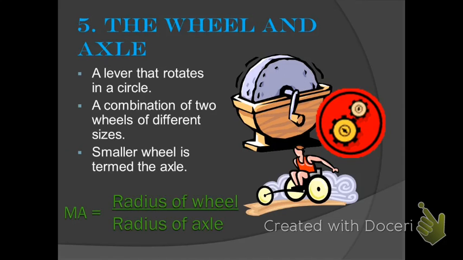Good. We all remember from math class what the radius is, right? What's the radius? Right, it's from the middle point to the edge, right? Half the diameter. All right.